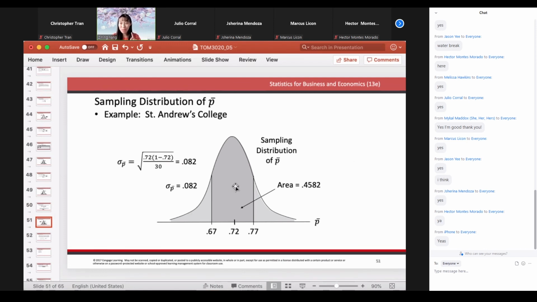Okay, so here I will give you maybe 4 to 5 minutes to see if you can do that on your own. I have already calculated the standard error, right? I've already calculated your denominator for you.